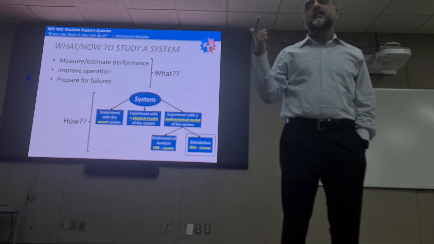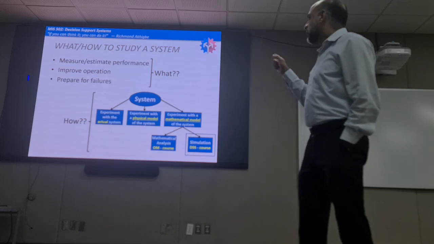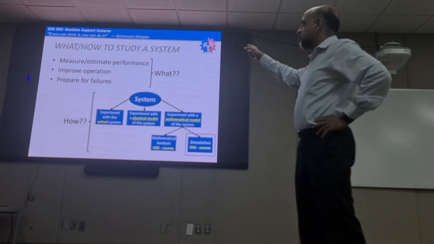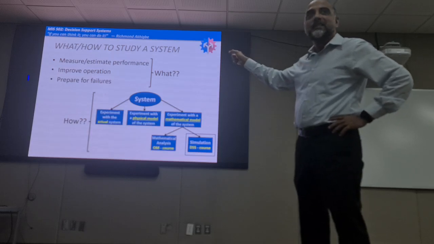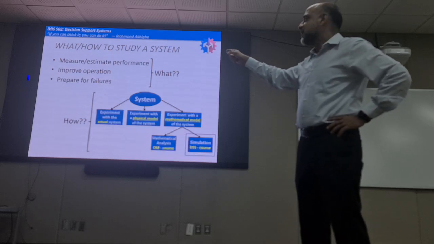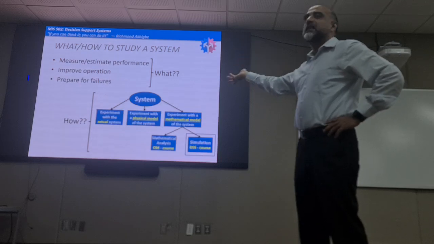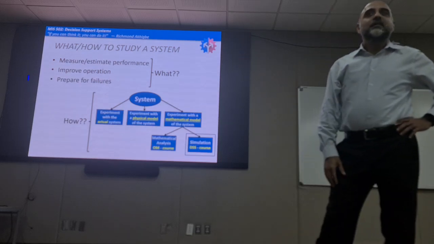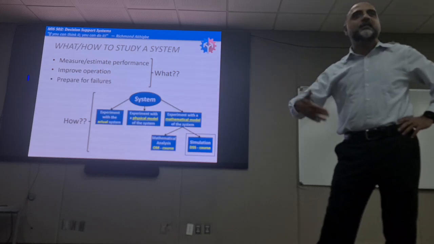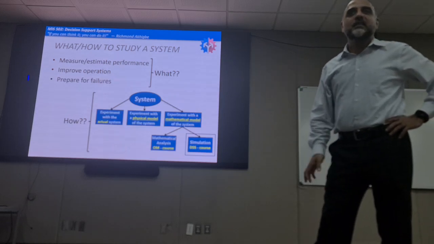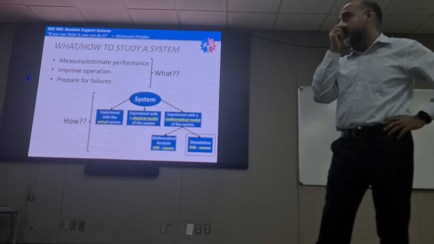Number two, improving the system performance. So one of the things simulation can do is measure and estimate performance, and the second is to improve operations, for when your queue is getting unstable and out of control and failures are occurring. So it's mainly these two things.